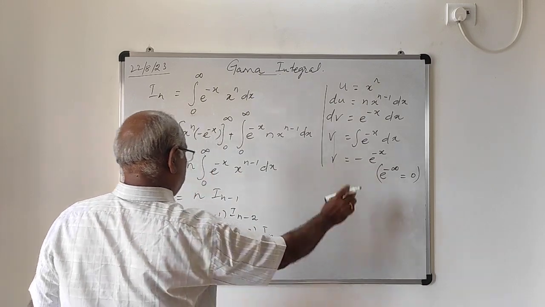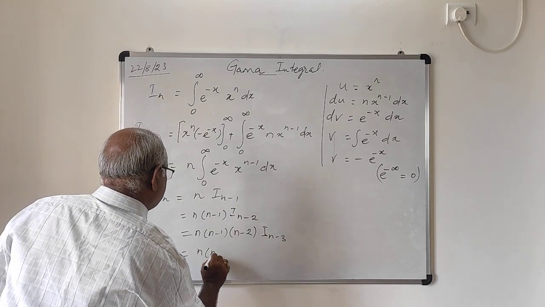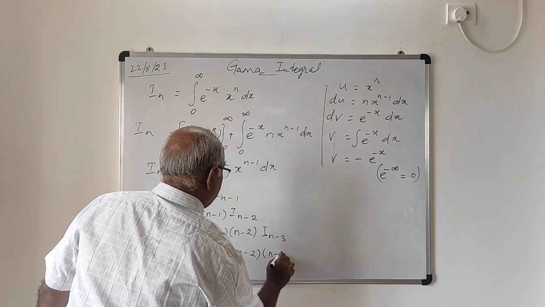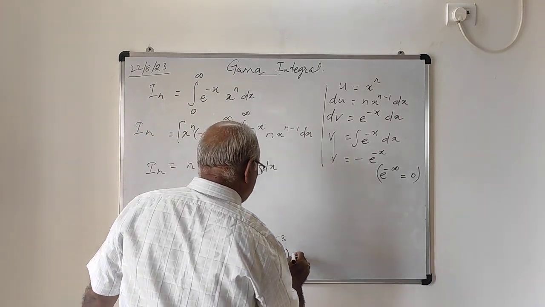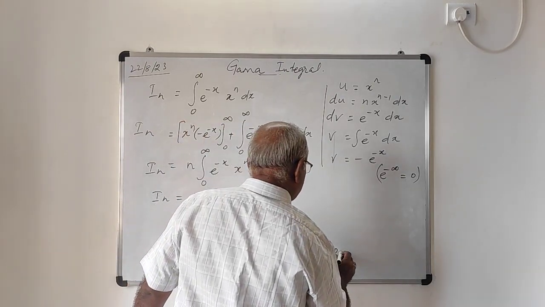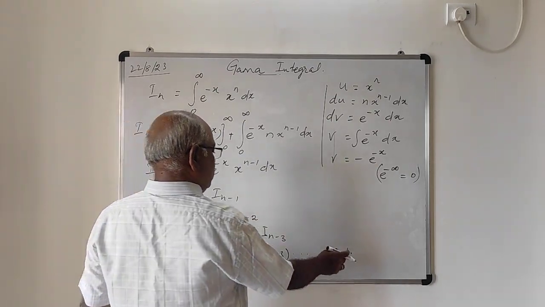Like that, this proceeds up to the last term: n, n minus 1, n minus 2, n minus 3 into I_(n-4), and so on. Finally it becomes 2 into 1.